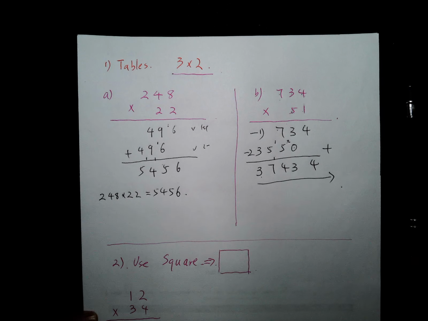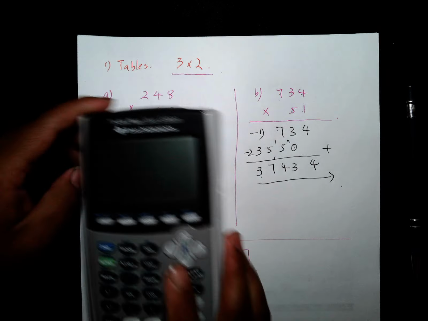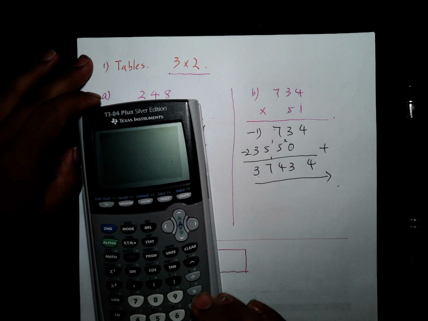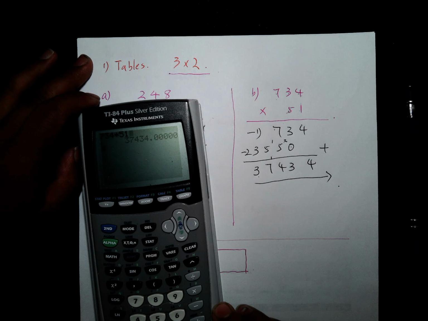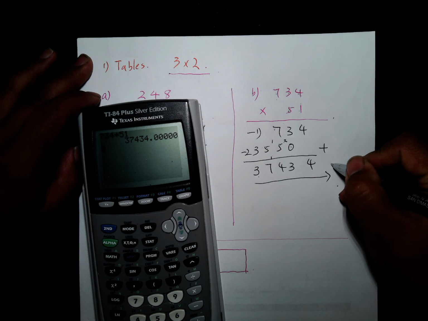We can check with the calculator to double check. So I use the function 734 times 51. It's a double check. Okay, it's correct.